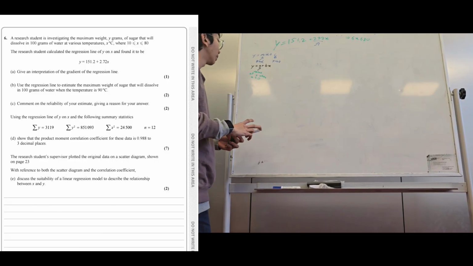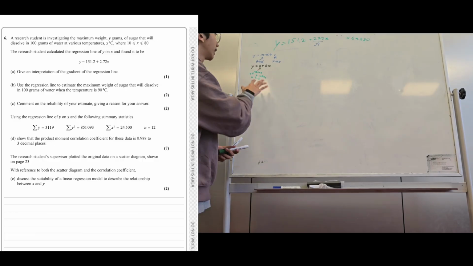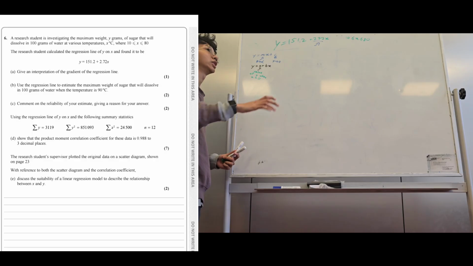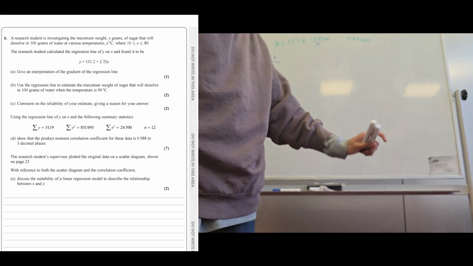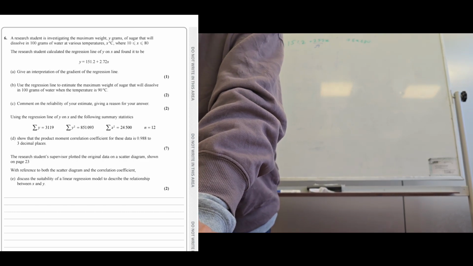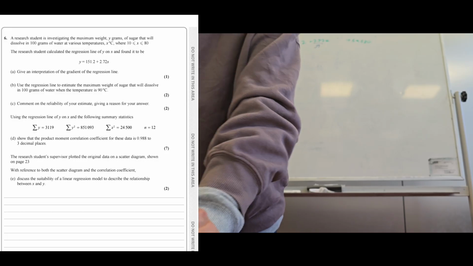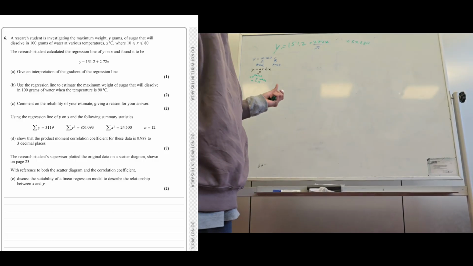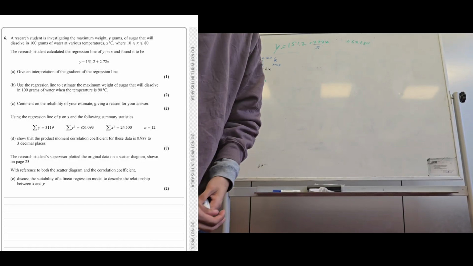But in the exam, you can't just write this. You have to explain that this is the initial condition. For example, in this case, the value of 151.2 is the mass of sugar in grams that is going to dissolve at 0 degrees Celsius.